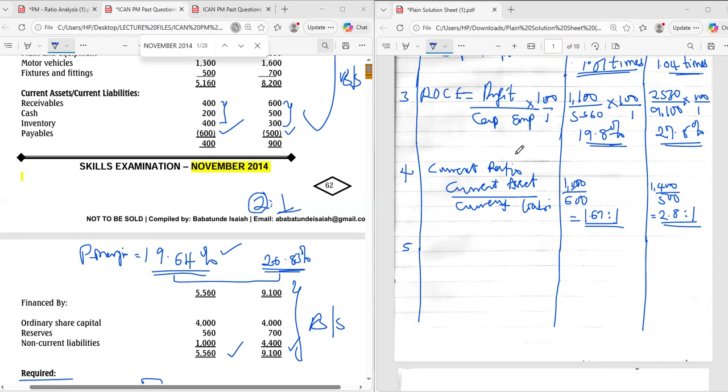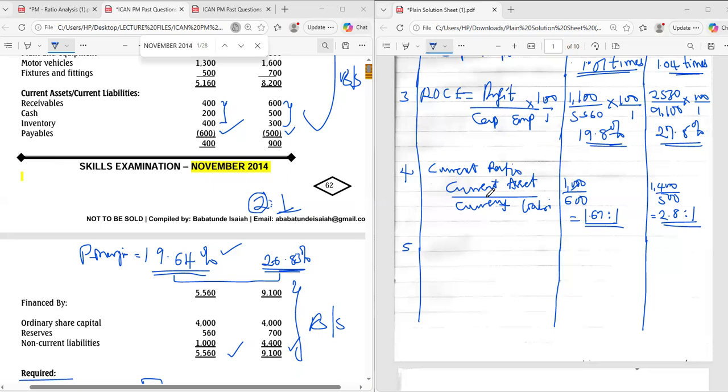Network is not clear again. Okay, let's use Redmi. Please help us, how do we interpret this current ratio?